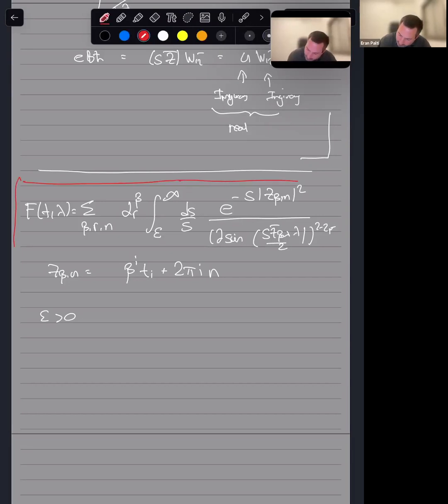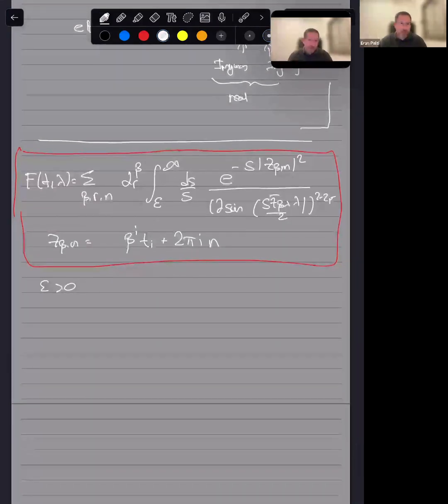Let me first go to the usual Gopakumar and Vafa form and see what is usually done in the literature, and then I'll talk about why the results should be different.